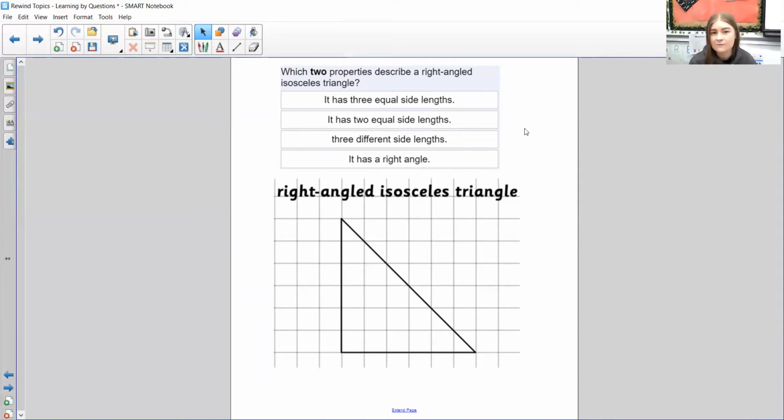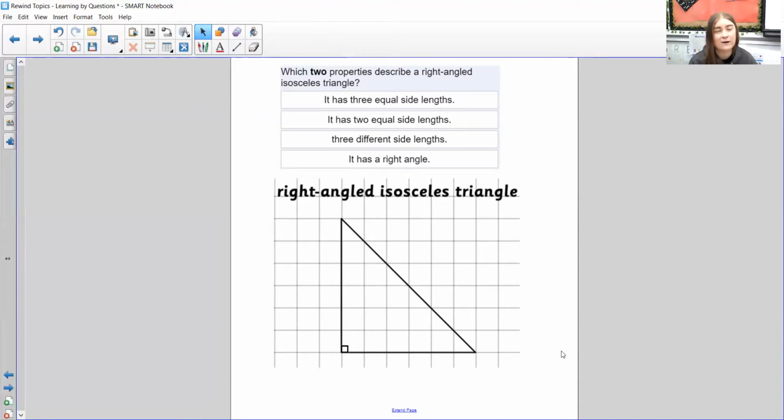Okay, so this triangle is a right angled isosceles triangle. So therefore it has got a right angle, first of all. And if I were to add my little doodle, I'd be adding it down here, look. So it has got a right angle. And then it has three equal side lengths.